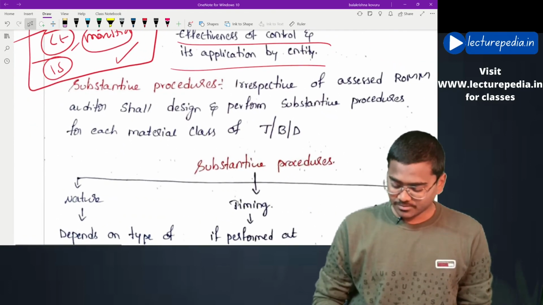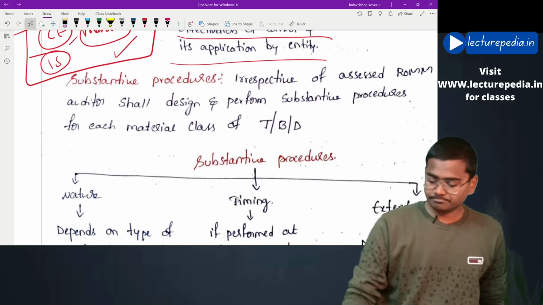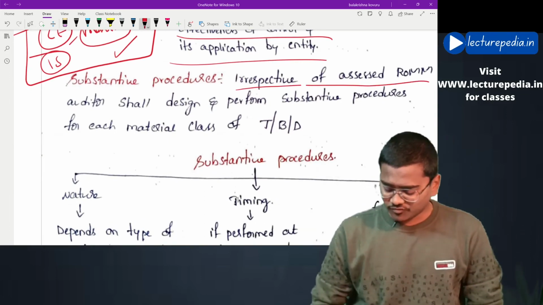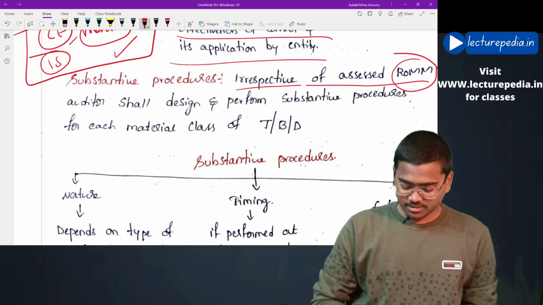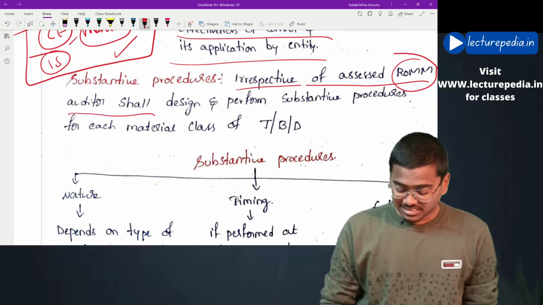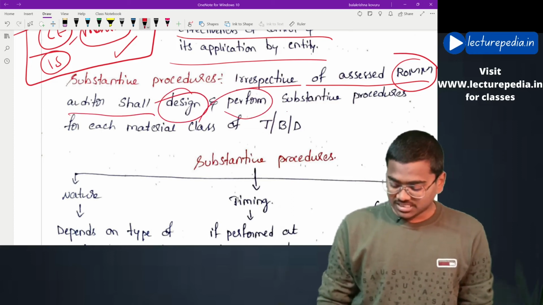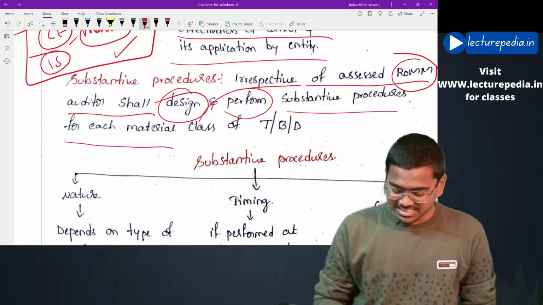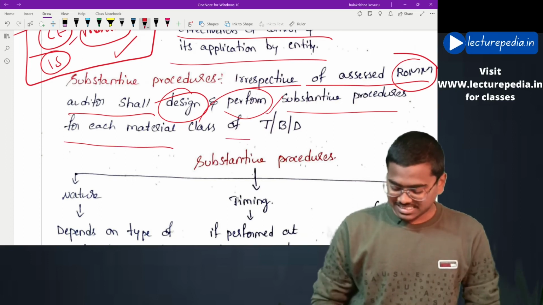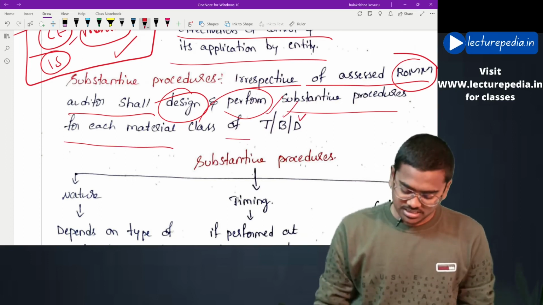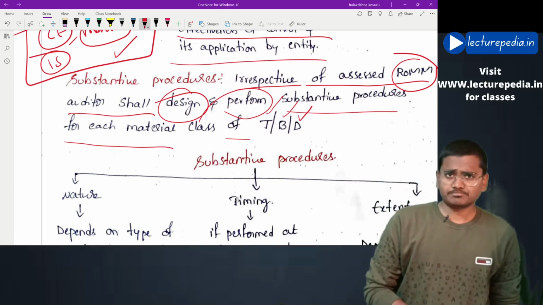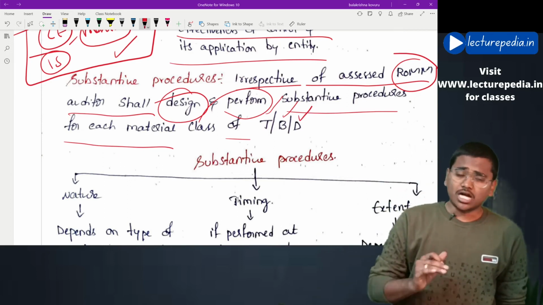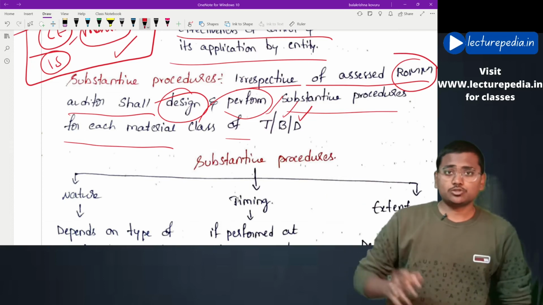Next, substantive procedures. Irrespective of assessed risk of material misstatement, the auditor shall design and perform substantive procedures for each material class of transaction, account balance and disclosures. See, the auditor cannot avoid performing substantive procedures.